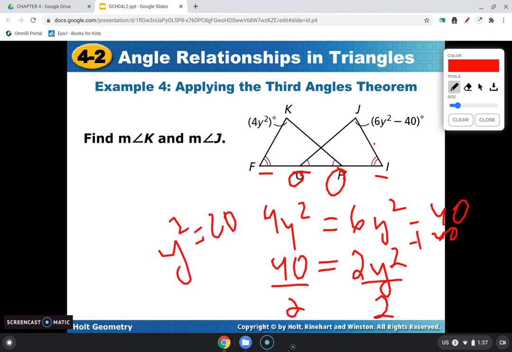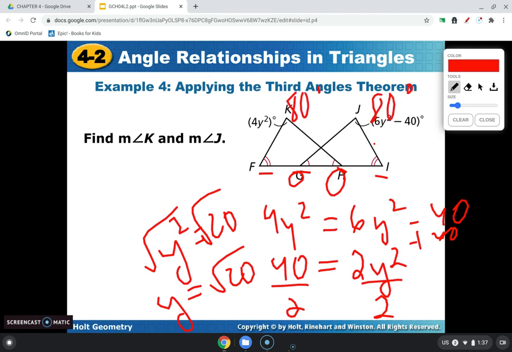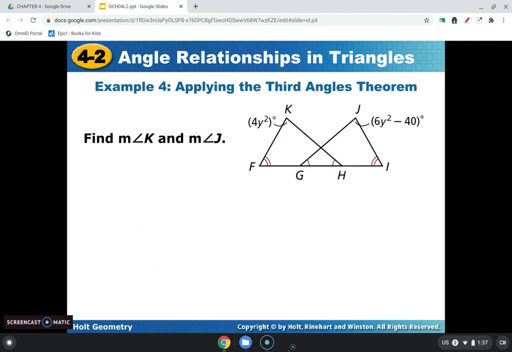So y squared equals 20. Now, make sure your last step here when you have a squared is you take the square root. So y is the square root of 20. Now, when I plug that back in, I take 4 times the square root of 20 squared, which would be 20. And that turns out to be 80 degrees. And that also would be 80 degrees. Make sure when you're setting them up this way that you take your square root last.